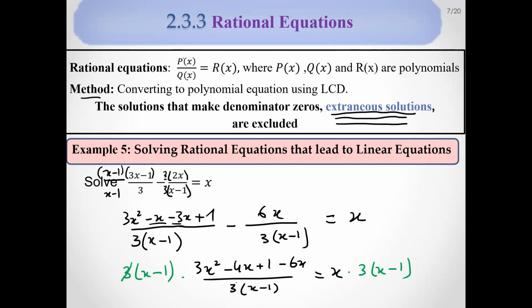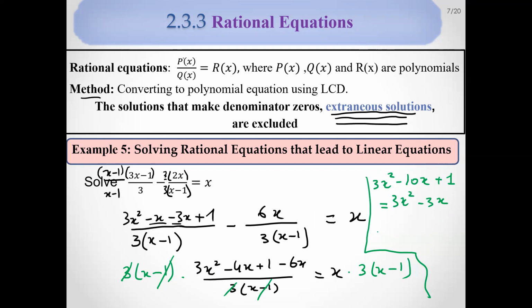Then we are done with the denominator, and then we simplify what we obtain. 3x squared minus 4x minus 6x minus 10x plus 1, and the other side 3x times x, 3x squared, 3x times minus 1, minus 3x. We obtain a quadratic equation to solve.